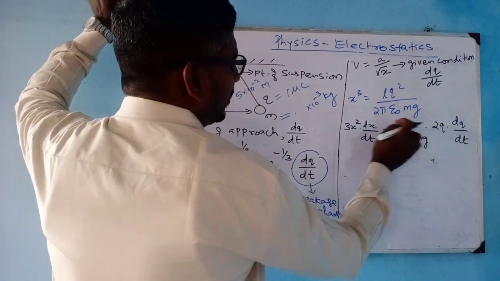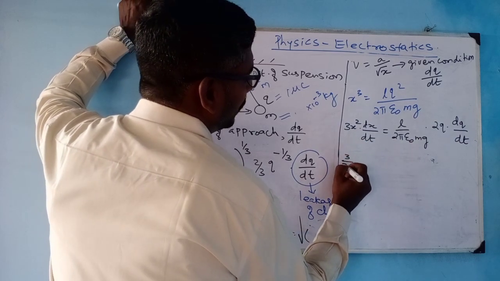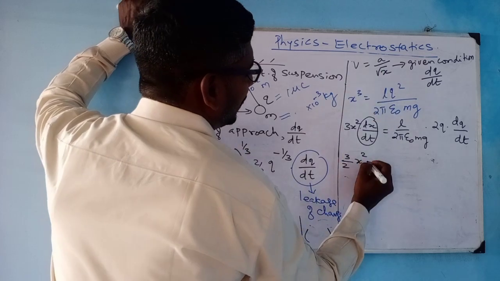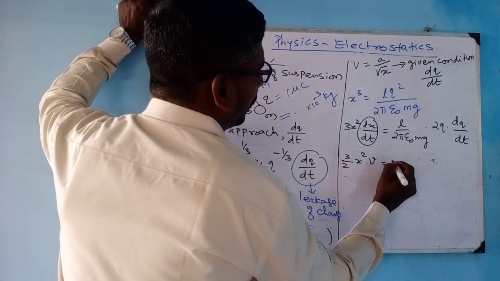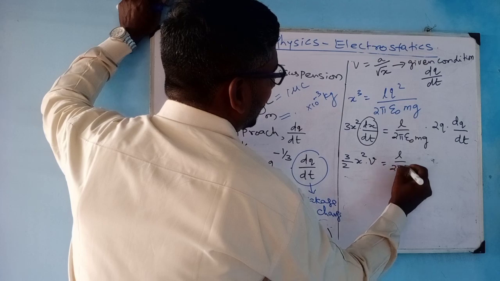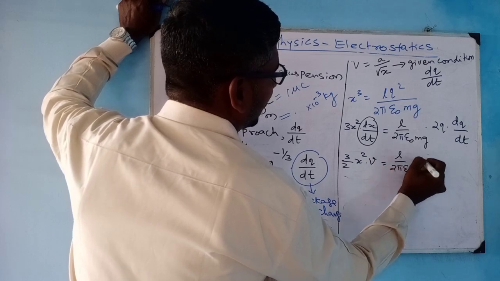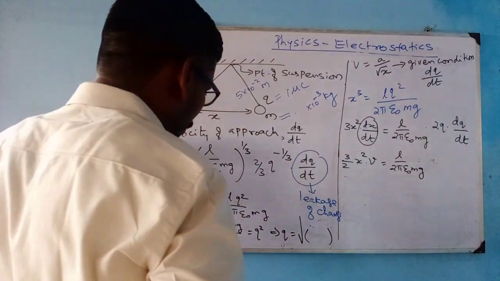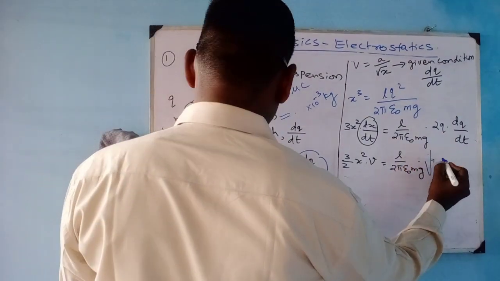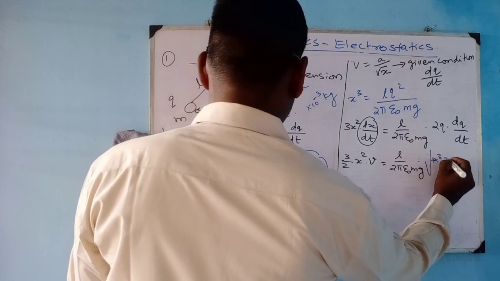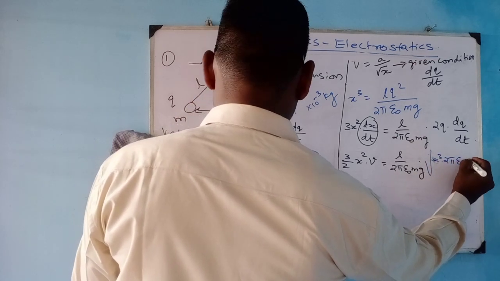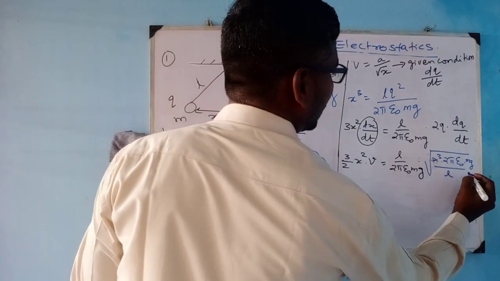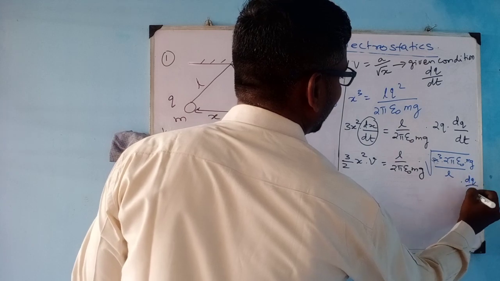So I can take this 2 to the other end, right? 3 by 2 x square dx by dt is nothing but your velocity. So velocity v is equal to L by 2 pi epsilon naught mg dot, this q, for which I now have a value as square root of x cube 2 pi epsilon naught mg divided by L, into my parameter dq by dt.